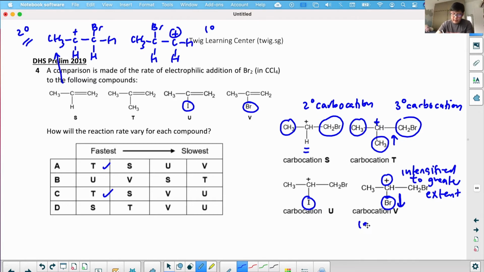So this is the least stable. V will be the least stable, least likely to form, and it'll be the slowest rate. That's why I put V as the slowest over here. So the answer for this question would be A.